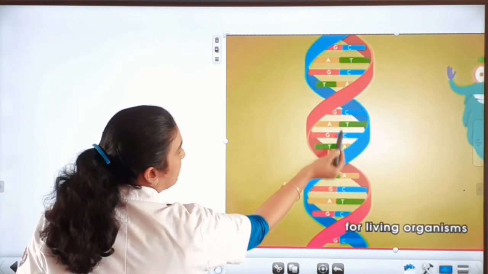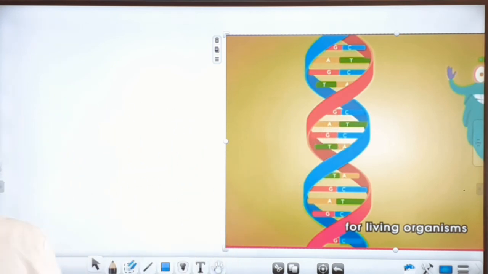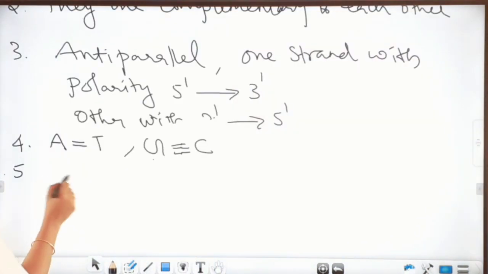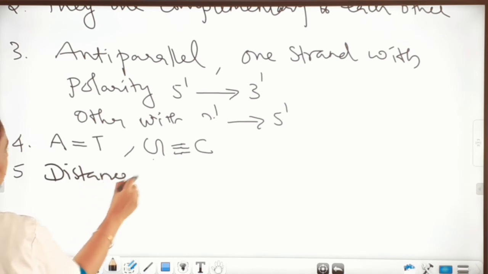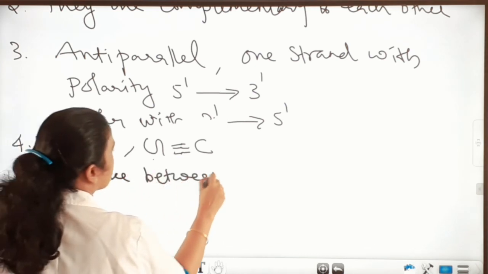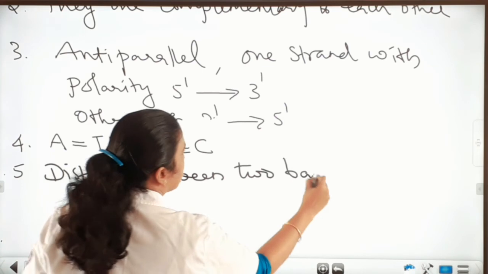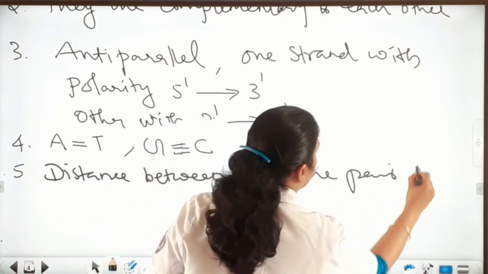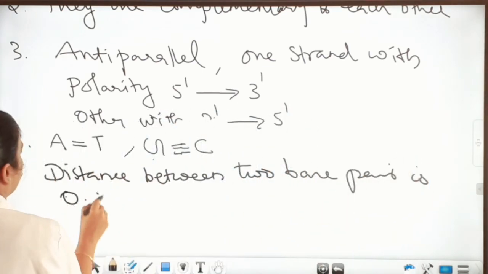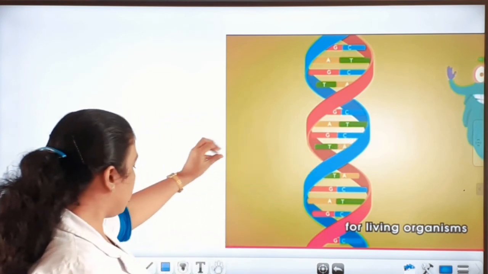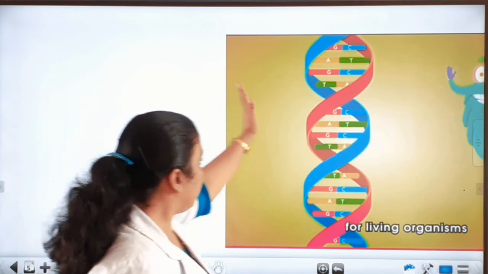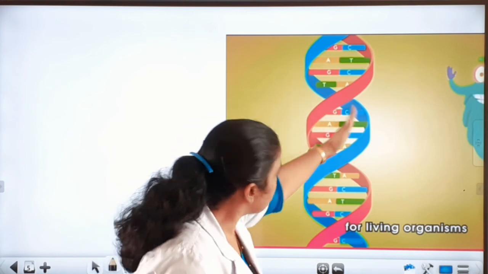So the distance between two base pairs is 0.34 nanometer.